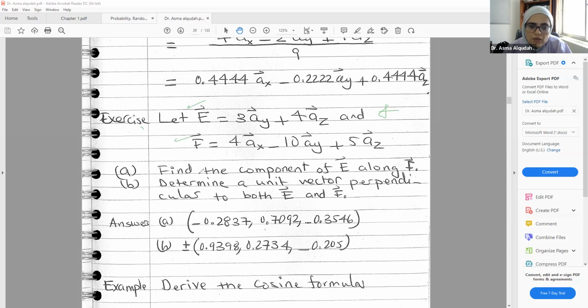Part A asks you to find the component of vector E along F, and part B asks for a unit vector that's perpendicular to both E and F. The final answers are there. You can do it and compare your results with the key results here.